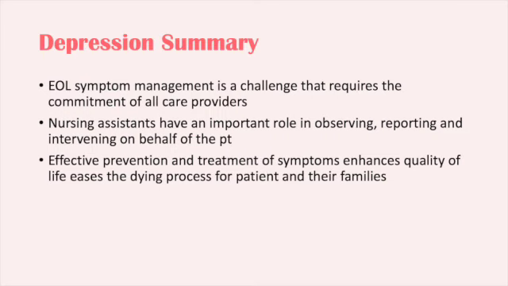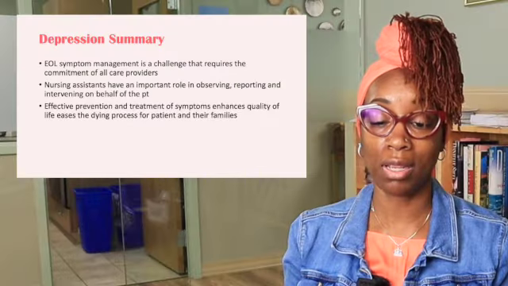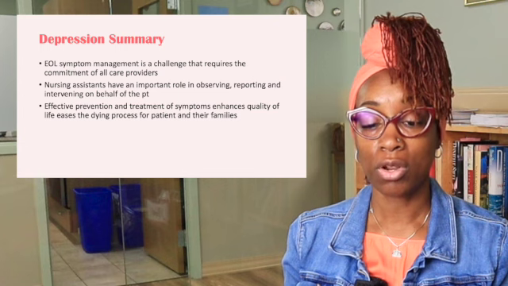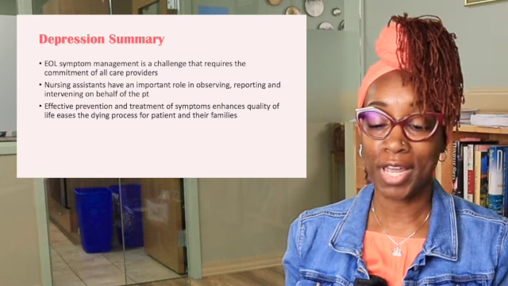A summary of depression. End-of-life symptom management is a challenge that requires the commitment of all care providers. So that would be hospice, that would be us, all of us working together. Caregivers have an important role in observing, reporting, and intervening on behalf of the patient, because again, like we mentioned earlier, you're basically the ears and eyes.